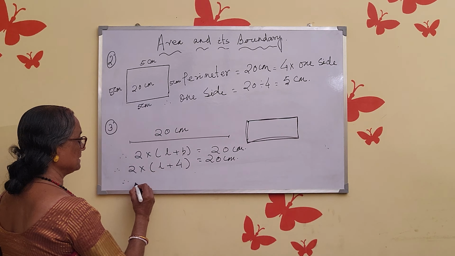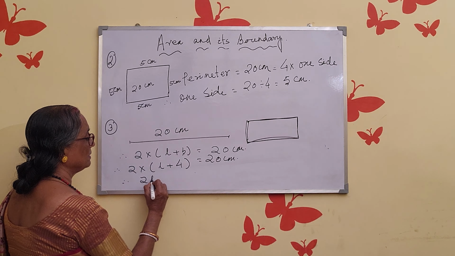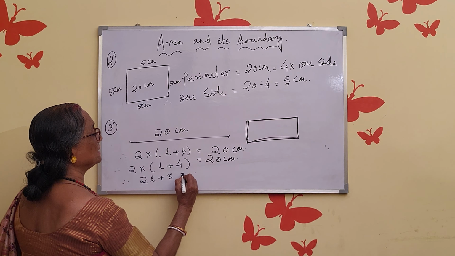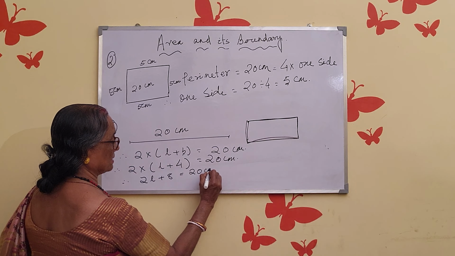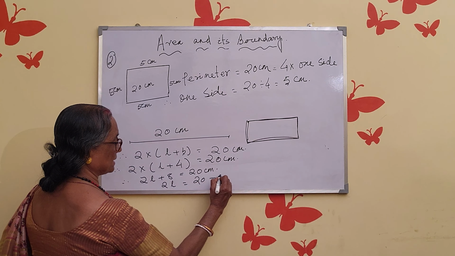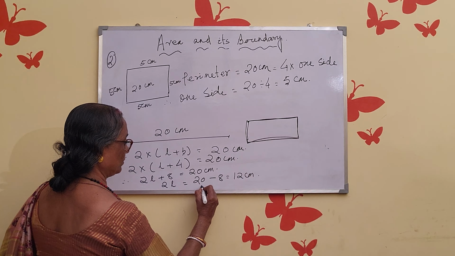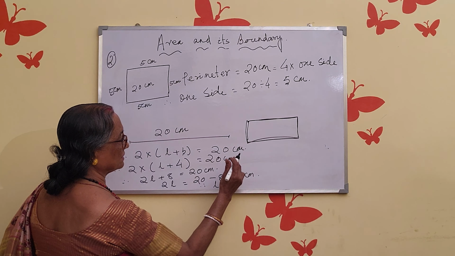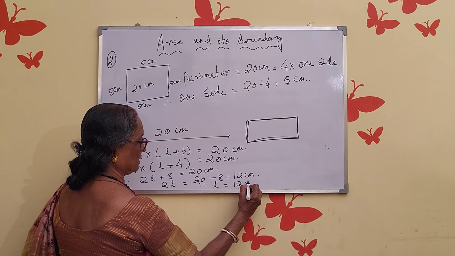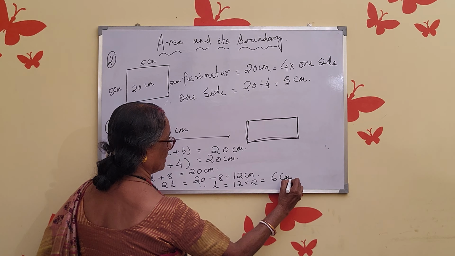Therefore, length is equal to, what is its value? 2L plus 4 2s are 8 is equal to 20 centimeter. 2L is equal to 20 minus 8, that is 12 centimeter. Therefore, L, the length of this rectangle, is 12 divided by 2, that is 6 centimeter.